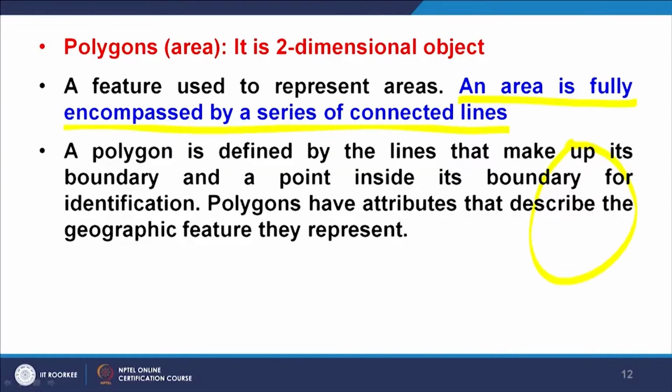Now, a polygon is defined by lines that make up the boundary, as I have already drawn here, and a point inside its boundary for identification, which we also call the centroid. Point data can have attributes, line or polyline data can have attributes, and the polygon can also store attributes. Suppose I am having revenue records or plot records.